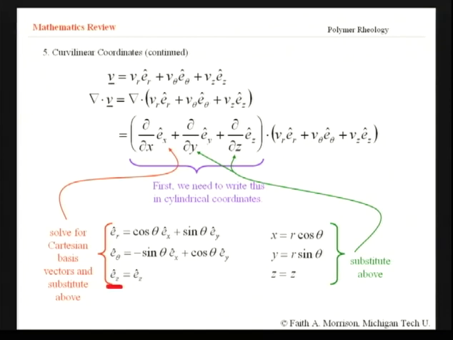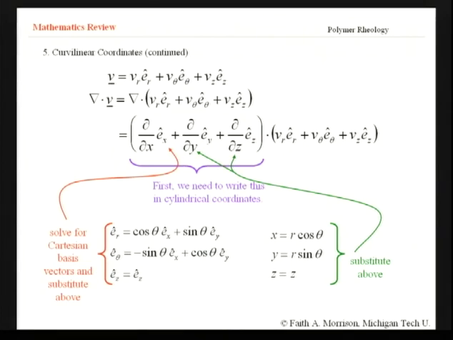That's just a matter of geometry. Once you've derived these geometric relationships, you can take the nabla operator, which is defined and written in Cartesian coordinates, and convert it into how it acts in r, theta, z coordinates. And there's just a lot of algebra involved.